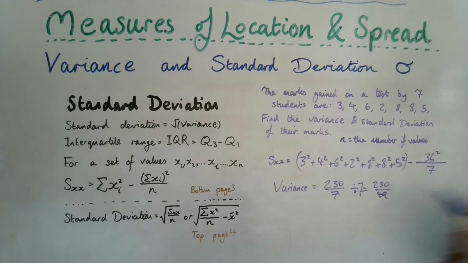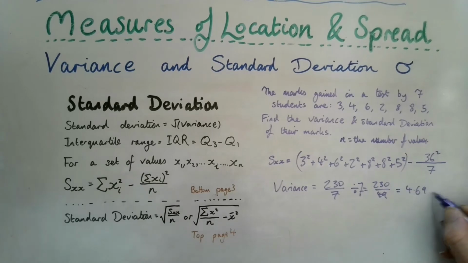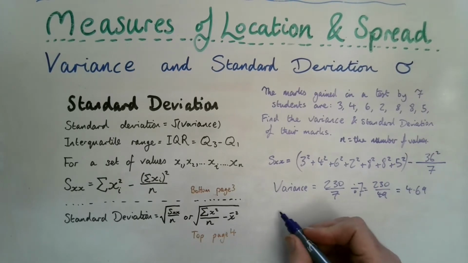230 divided by 49. If we put that into decimals, that would be 4.69 something, to 3 significant figures.